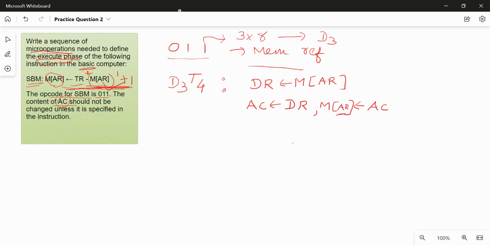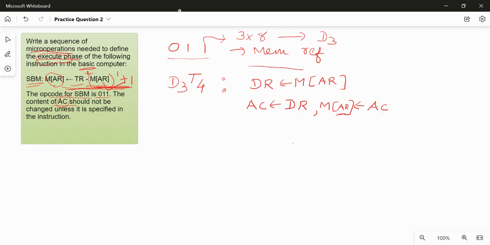Okay. Now when you try to execute simultaneous operations, you also have to ensure that there is no conflict. Conflicts can be of two types. Either it can be a data conflict or it can be a resource conflict. So here, DR to AC, this transfer will take place via the adder and logic circuit, and AC to M of AR, this transfer will take place via the common bus.